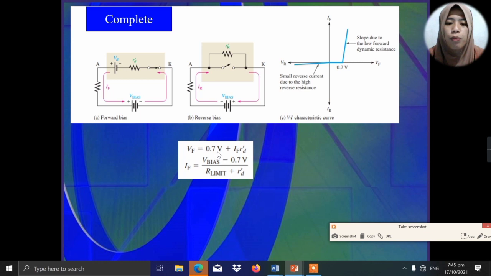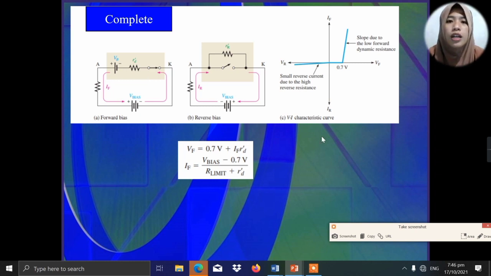VF is equals to 0.7 volt plus IF multiplied with this R prime D. Then, makuha natin yung value natin for the IF using this formula. IF is equals to voltage bias minus 0.7 volt over R limit plus R prime D. So, that is the complete.